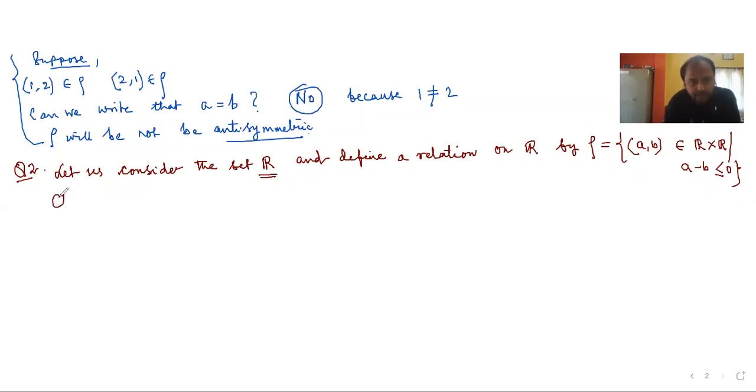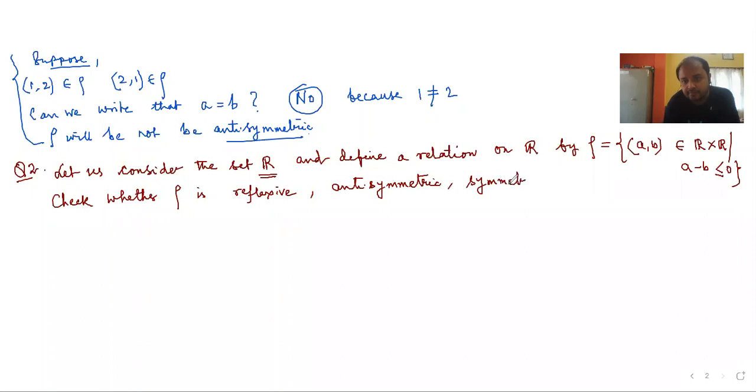Check whether rho is reflexive, antisymmetric, symmetric, and transitive. We shall check all these properties with respect to the given relation. Okay, so let us check these one by one.